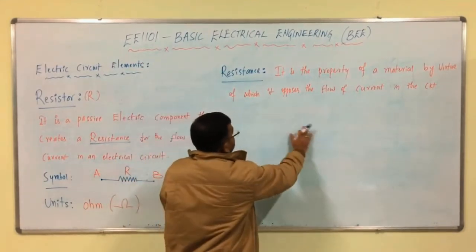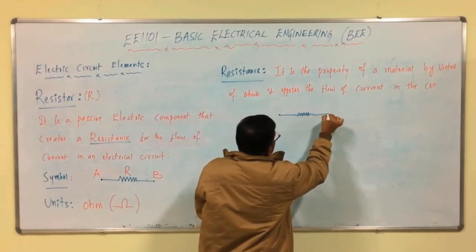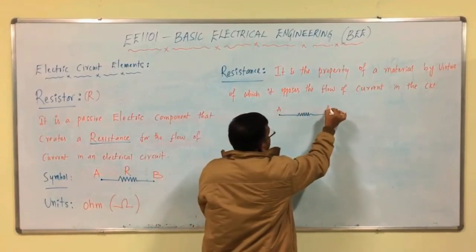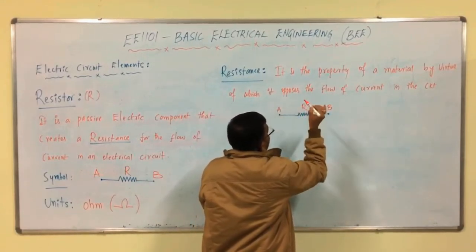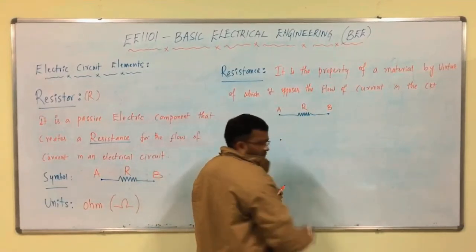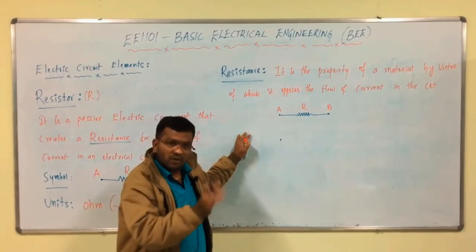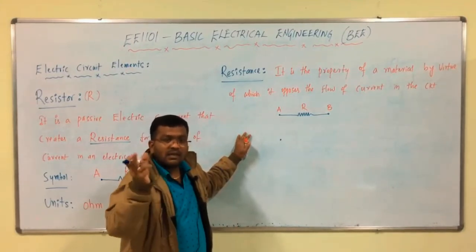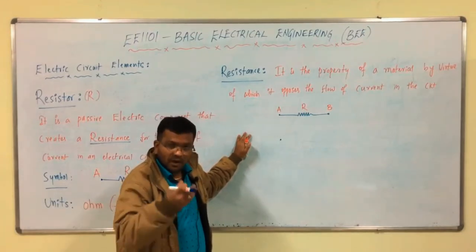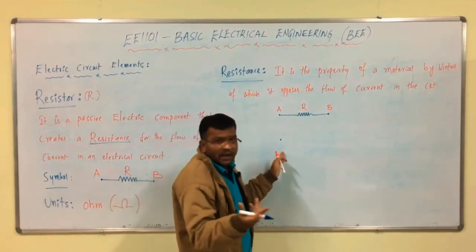Simply, I have this terminal A, this is terminal B, I have a resistance of R. To get the current, obviously we have one conductor or material, and we have to create a potential difference by some external agent, that is a battery, a simple battery.